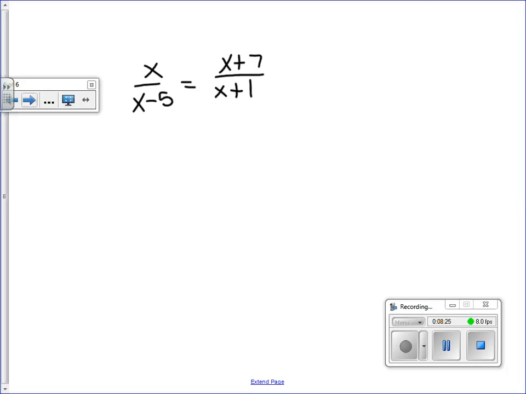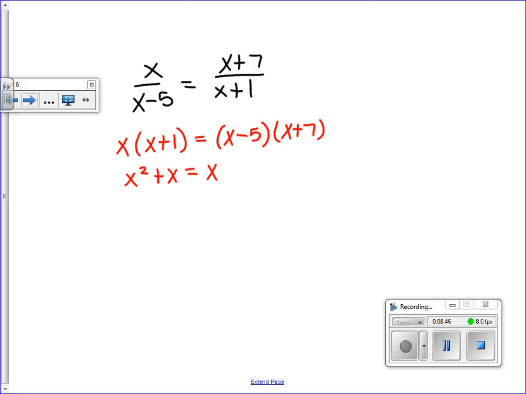Okay, so cross products are still equal. There's a little bit more to these cross products. That means x times x plus 1 equals x minus 5 times x plus 7. x squared plus x equals x squared plus 7x minus 5x minus 35.